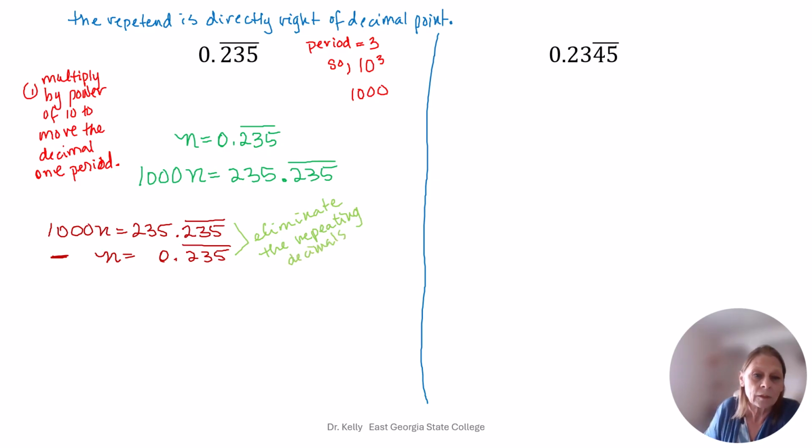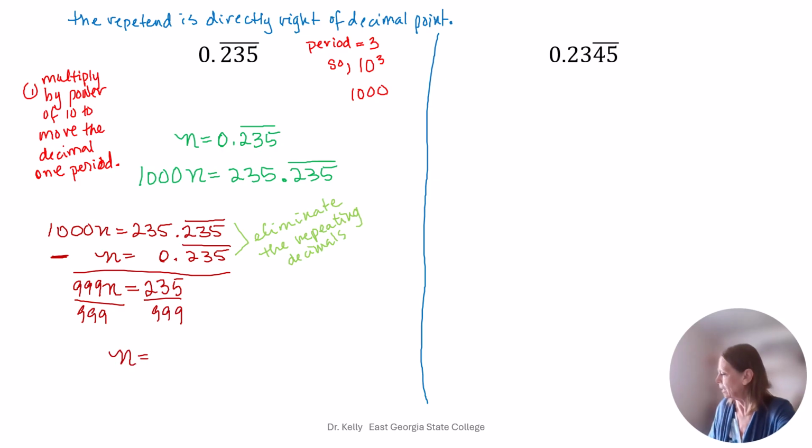All right, so now we get to do that math here, and this gives us 999n is equal to 235. I find this to be a pretty cool trick. Dividing by 999 on both sides, we get n is equal to 235 over 999, and I think this might reduce, let's see, no, it does not reduce.